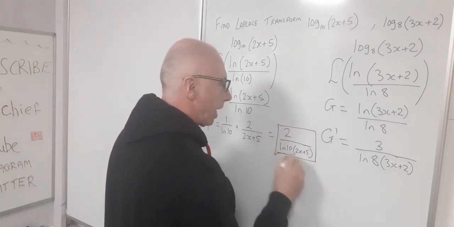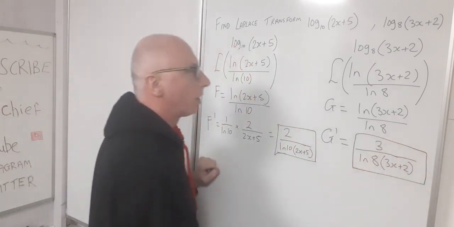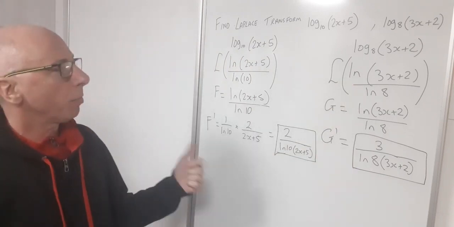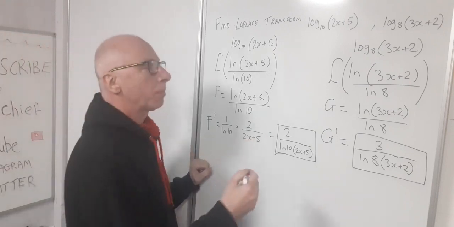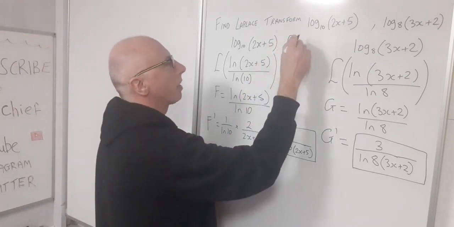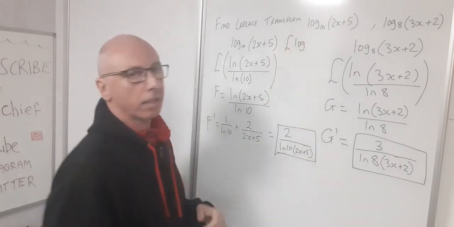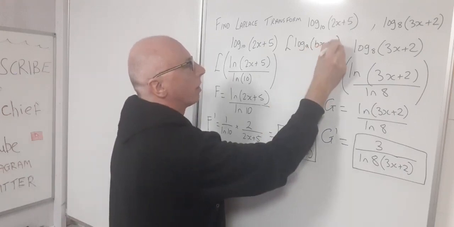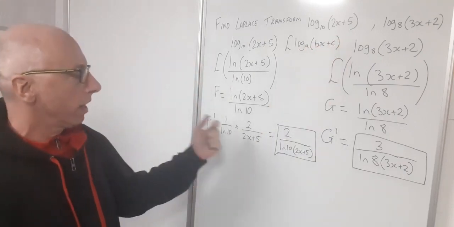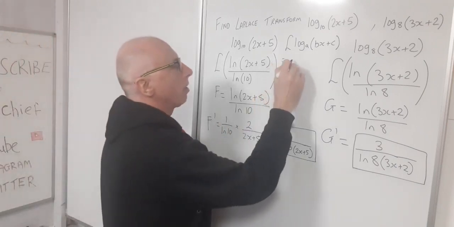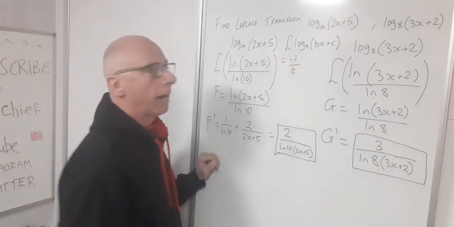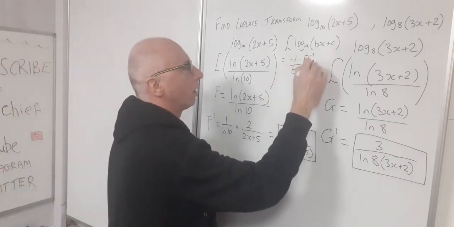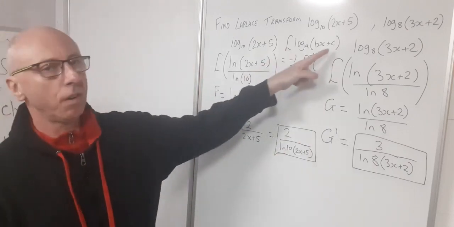Okay, so now we need the Laplace transform of these functions. The reason we took the derivative is that the Laplace of a log function, let's put this down, Laplace of log base a of bx plus c, needs the generic formula, which is minus 1 over t times the inverse Laplace transform of the derivative of this said function.